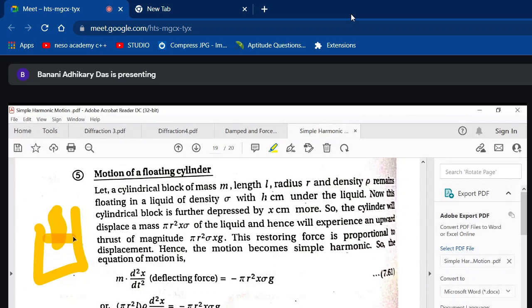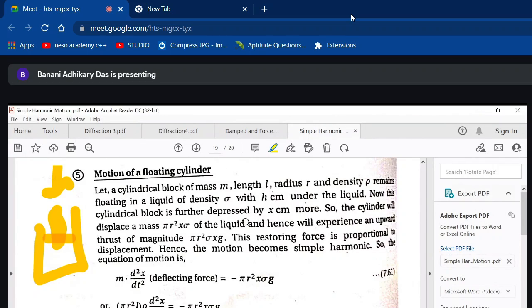Now, if you go on pressing this cylinder downwards, say it is depressed by x. Then what is the mass of the liquid that is displaced? r is the radius of the cylinder, so the cross-sectional area is pi r square, and into the height x, that gives you the volume.